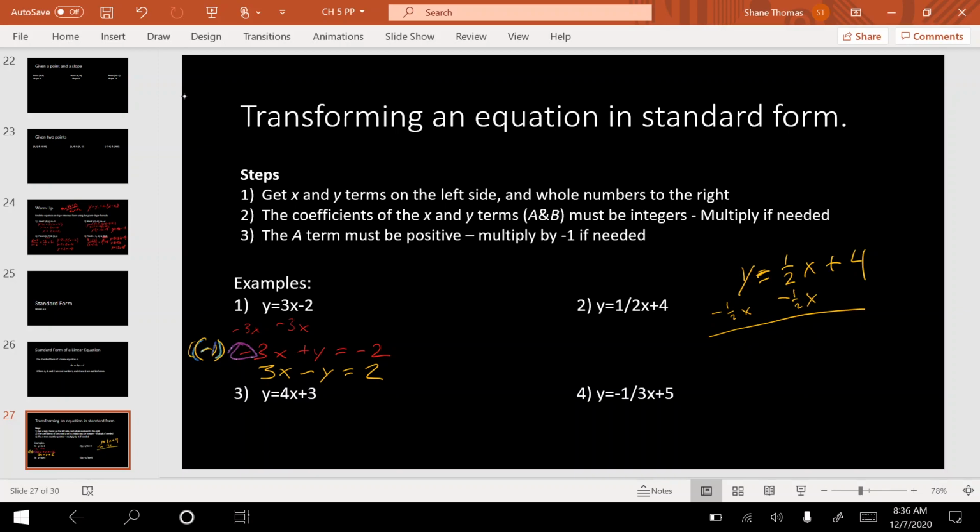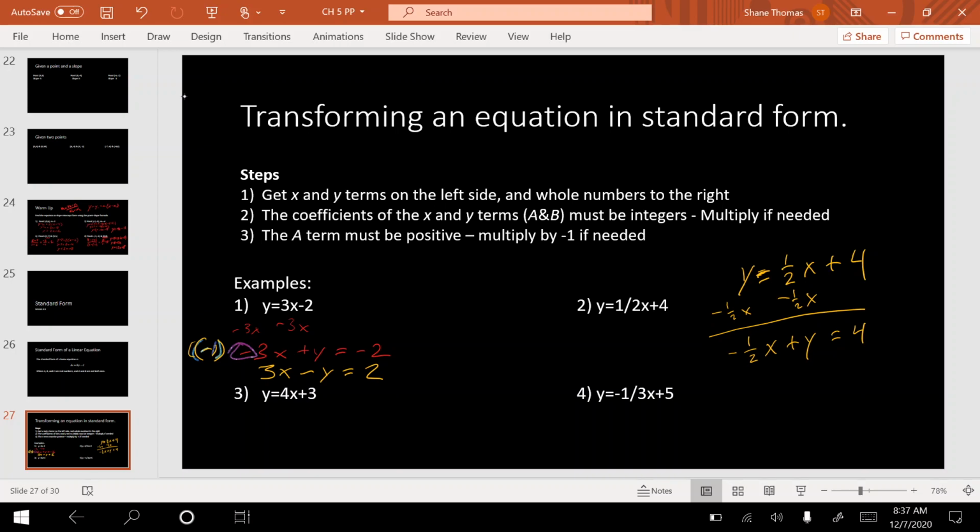That leaves me with negative 1/2 x plus y is equal to positive 4. Now I have two problems here. One, my a term is a fraction, and it's also a negative. So I need to get rid of both of those. How could I do that? Multiply by negative 2? Yeah.